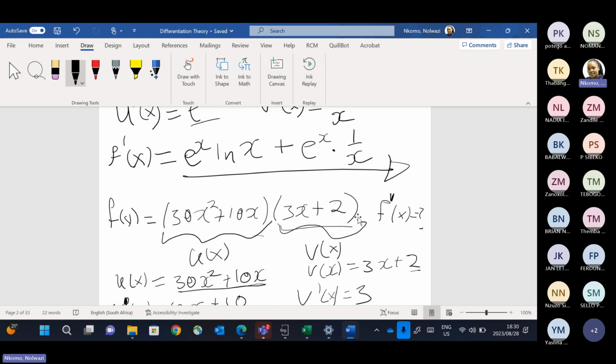Just simplify first and then apply the power rule. But if the order of your exponent is more than 3, then it won't be easy. So that's why I did this one like this. Okay, thank you.